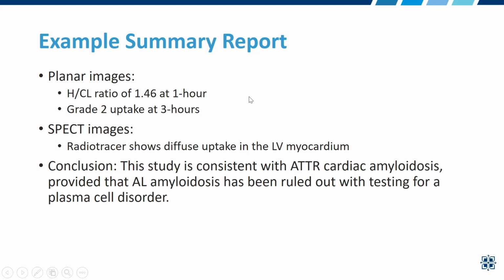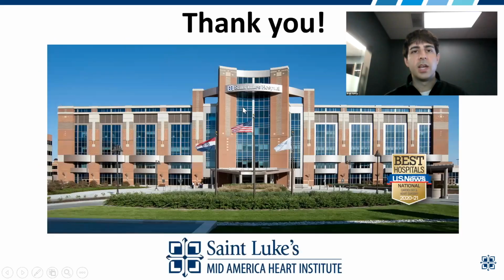And you don't want to call this ATTR when someone actually has AL. The prognoses are very different and the treatments are very different, which we spoke about in one of the earlier talks.